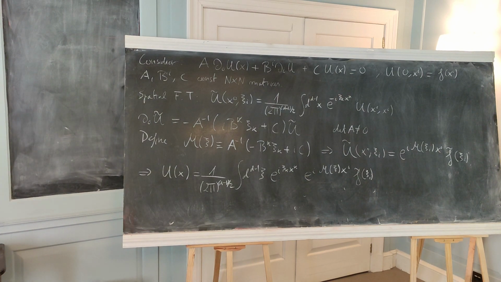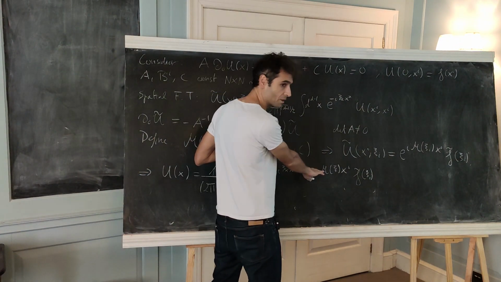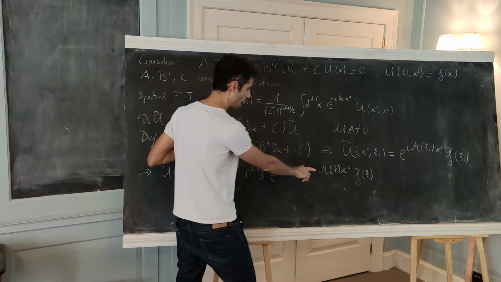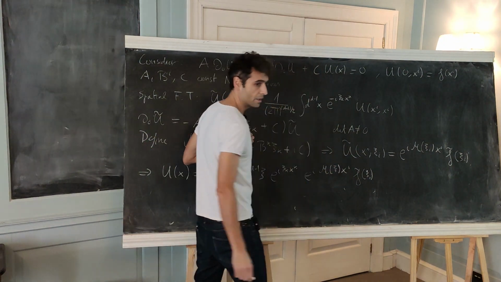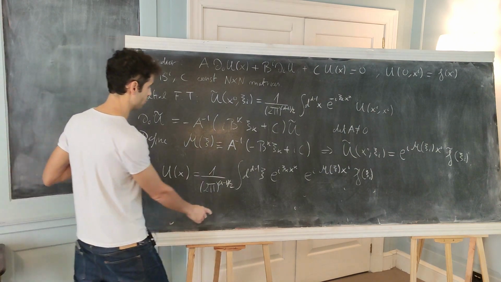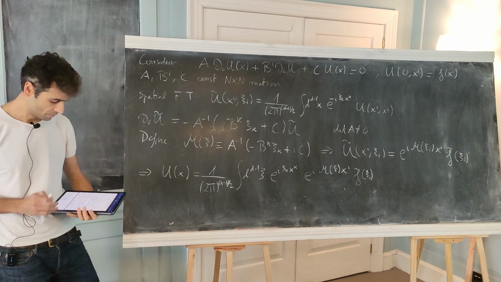But the point is that this is a formal solution in the sense that this integral need not converge, right? It depends on how this exponent here, how this matrix behaves for large wave numbers.